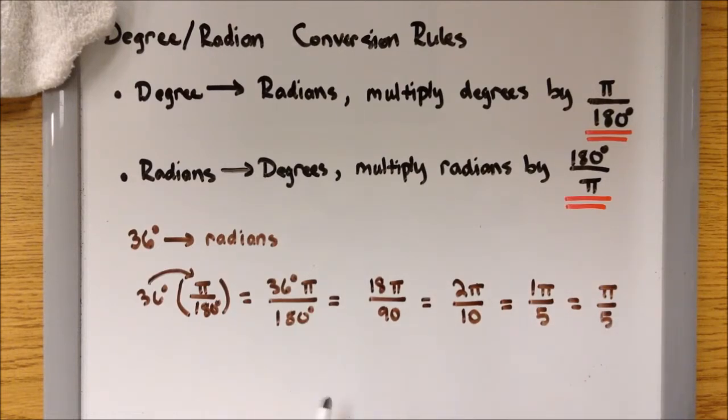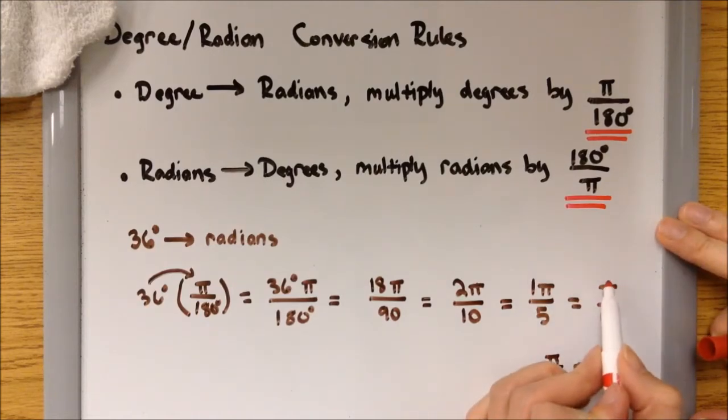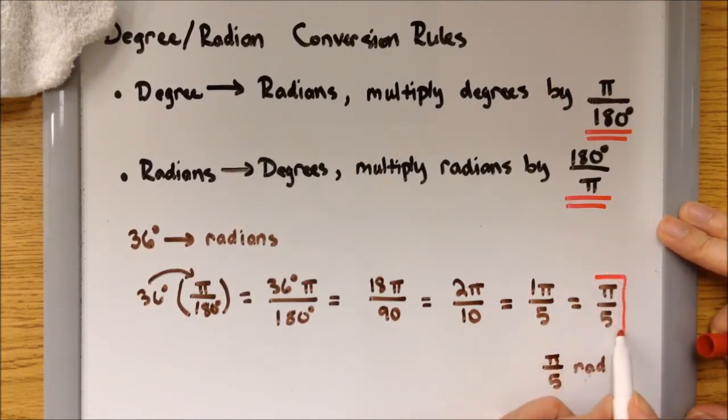Now, in the description about radian measure, sometimes it's okay to leave it as pi over 5. Sometimes they say pi over 5 radians or rad. Whichever you write or leave it as doesn't matter to me, because if I see that you're using pi, that means you're using radians, which is fine.